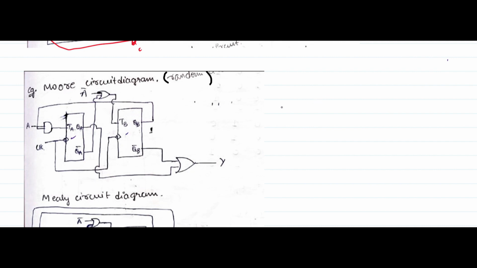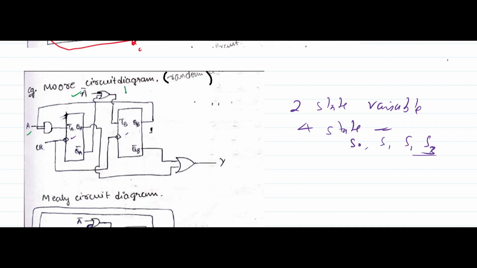That means it has two state variables, so 4 states will be there, which can be S0, S1, S2, S3. Here the input is A and here the input is A bar. The clock is something different, so don't consider that anywhere.